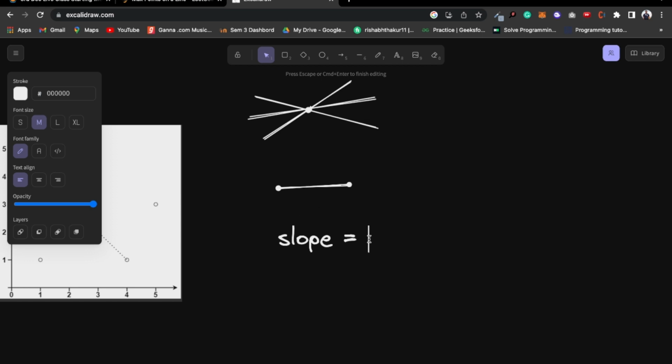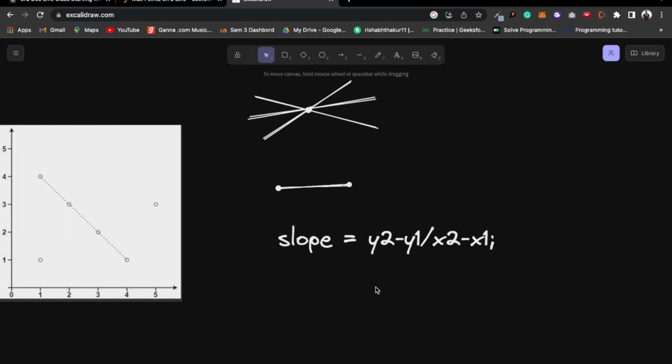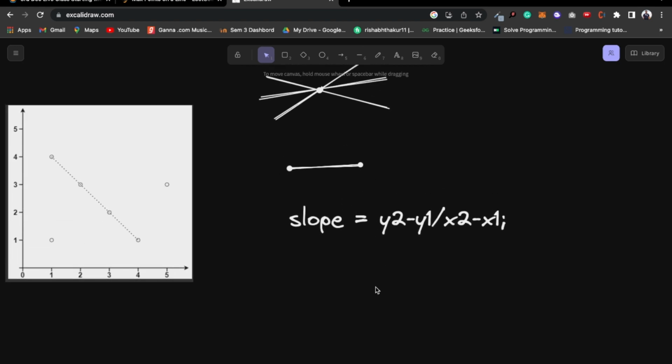So the formula is slope equals y2 minus y1 divided by x2 minus x1. This is the formula for the slope of the line, considering that we have x1, y1 as this point and x2, y2 as this point.